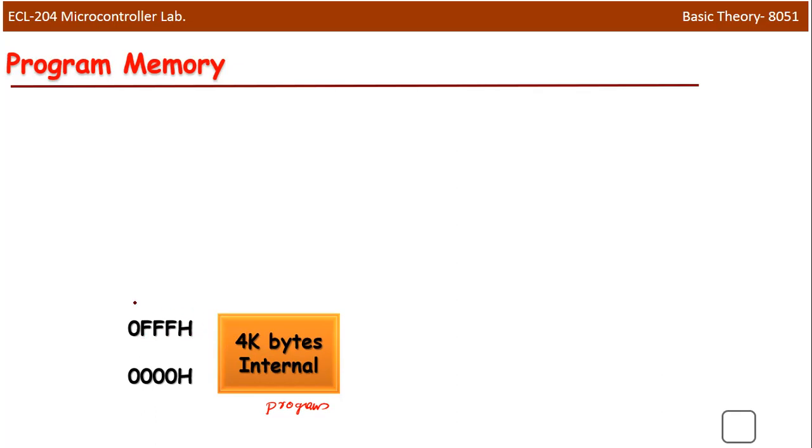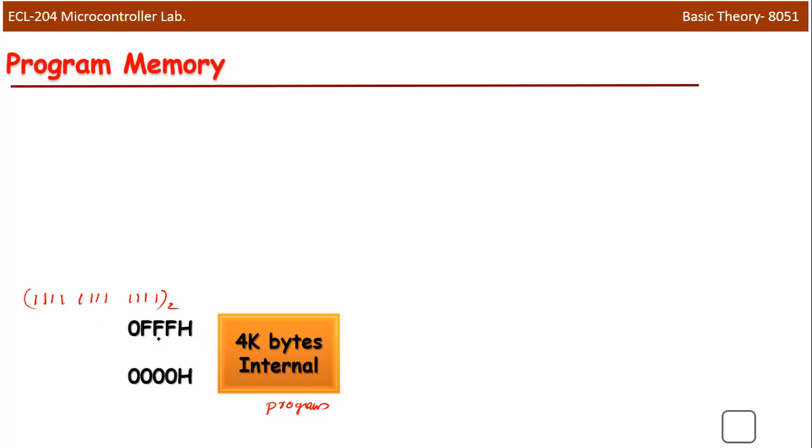So FFH actually means the binary value 11111111. This is a binary representation, and it's very difficult to write the long statement, so that's why we are using the hexadecimal representation.